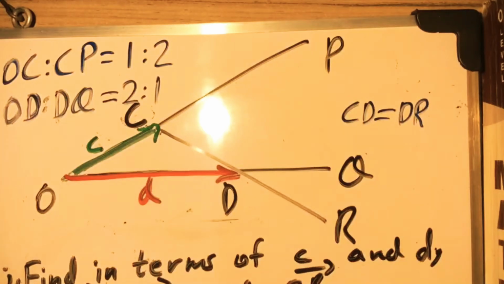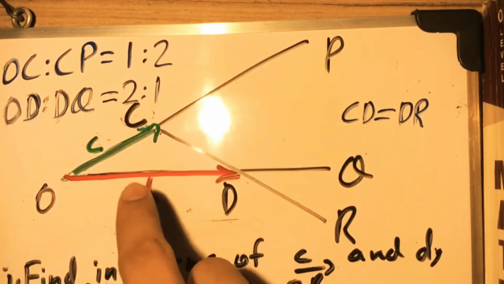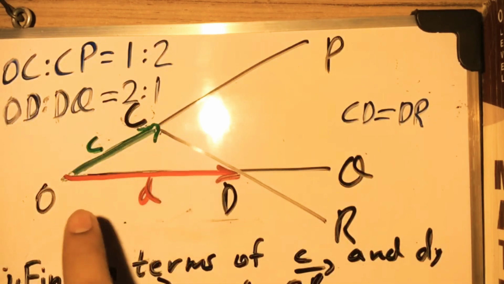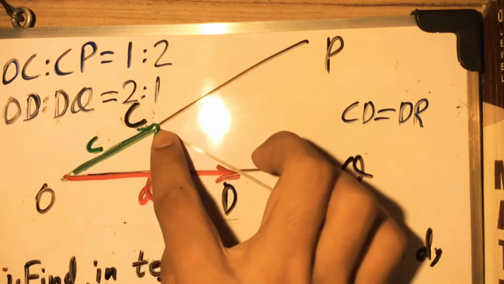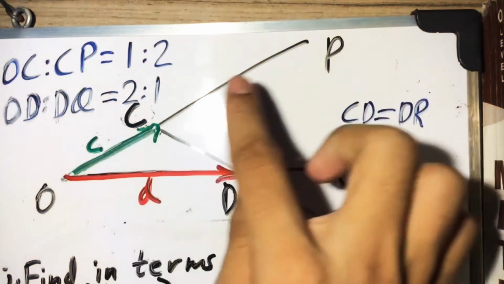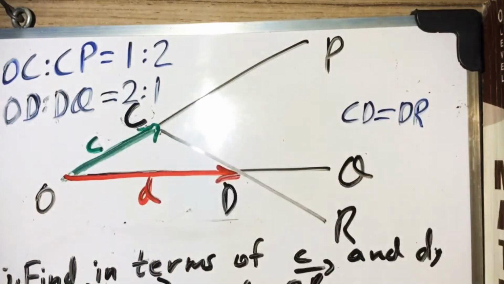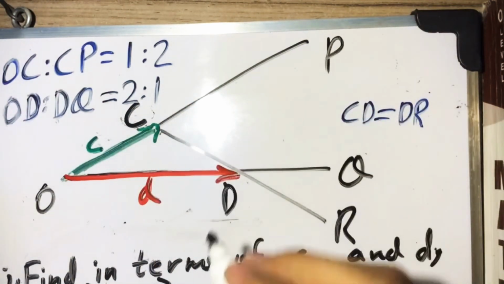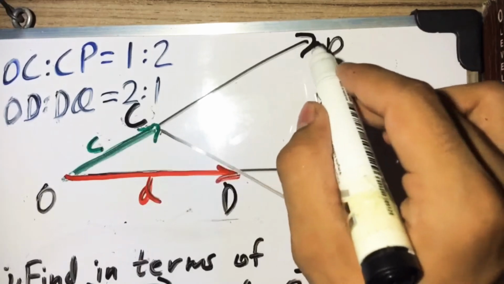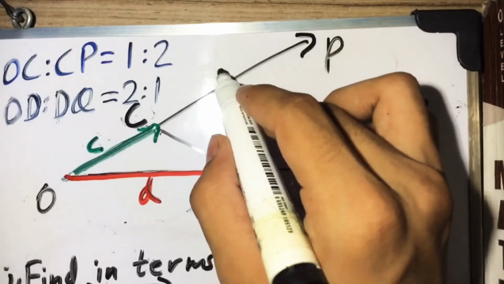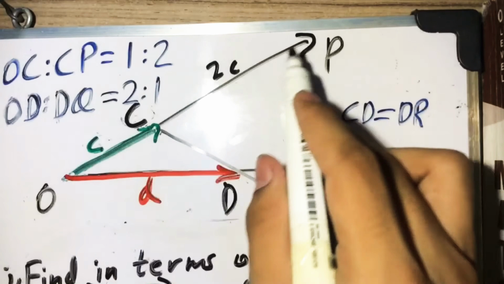Now the next question has this diagram. It says that OC is equal to C and OD is equal to D. OC is to CP is 1:2, which means the vector CP would be 2C and OP will be 3C.